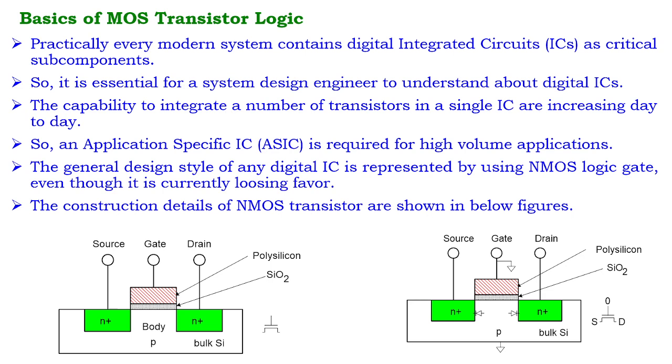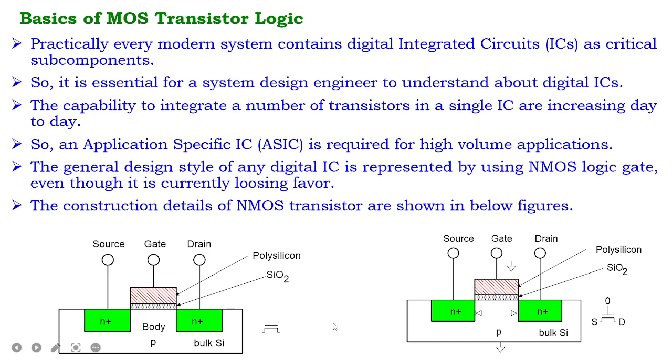So an application specific IC is required for high volume applications. The general design style of any digital IC is represented by using NMOS logic gates, even though it is currently losing its power. The construction details of the NMOS transistor are shown in the figures below.